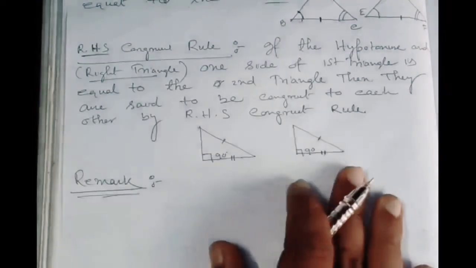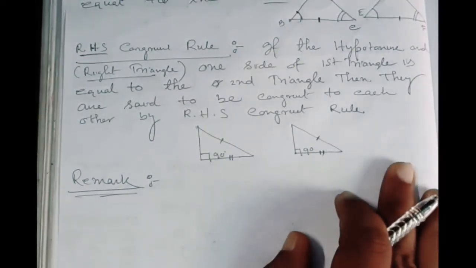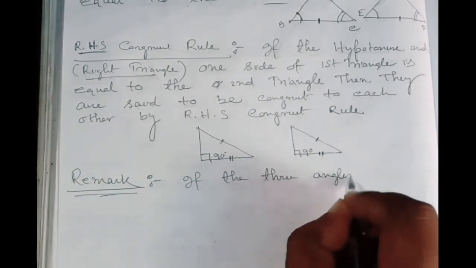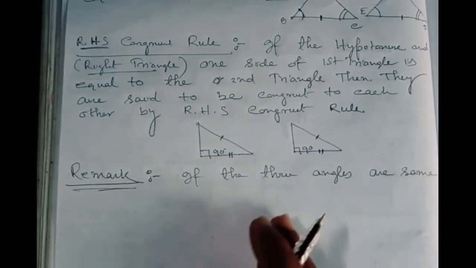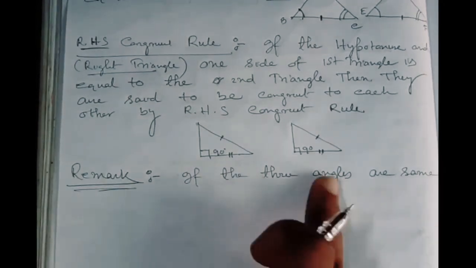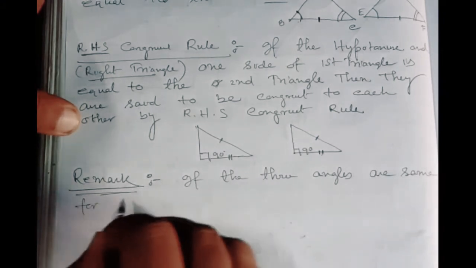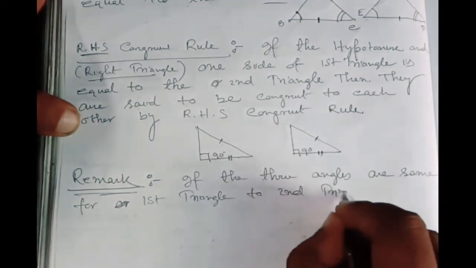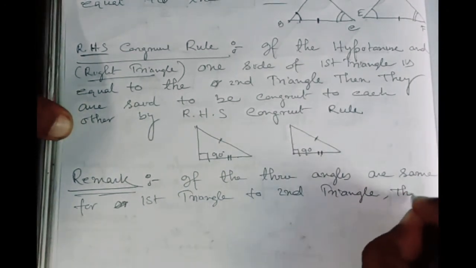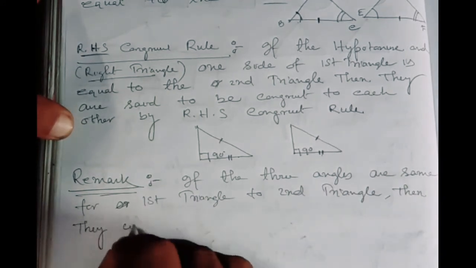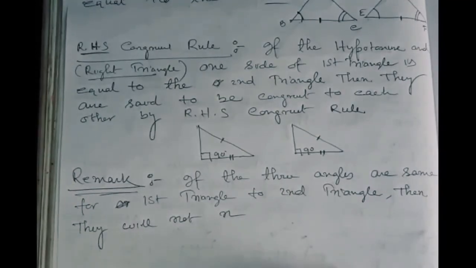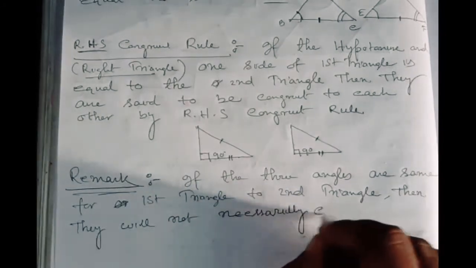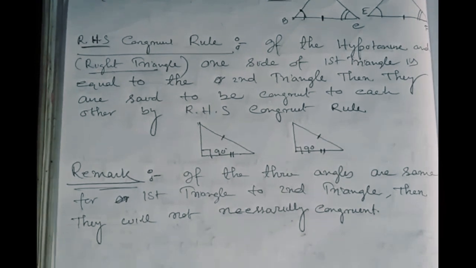Now there is one remark that we have to remember: in two triangles, if the three angles are the same, then they are not necessarily congruent.